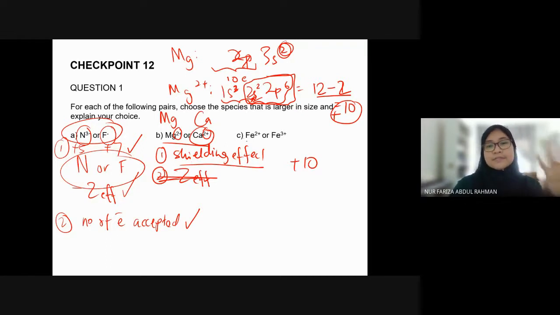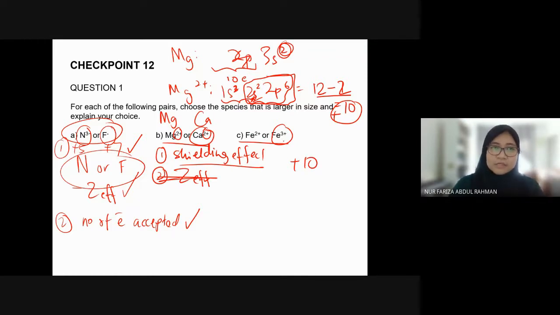Alright, in terms of C, Fe2 plus or Fe3 plus, this is based on the number of electrons removed. The higher the number of electrons removed, this is obvious, 3 plus with 2 plus. So 3 plus removes more electrons than 2 plus. By right, Fe3 plus has lesser shielding effect.